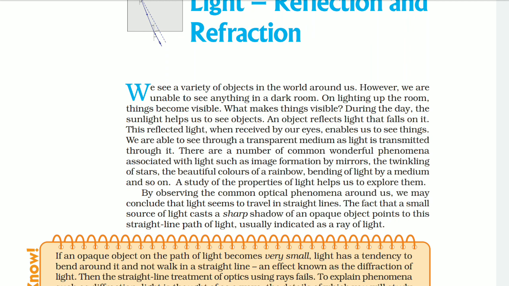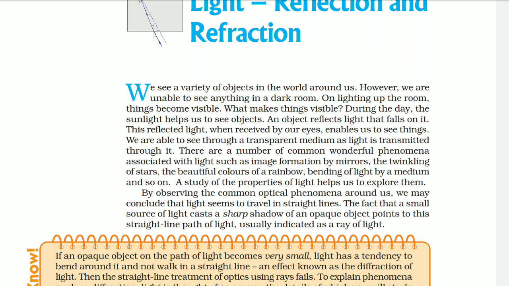By observing common optical phenomena around us, we may conclude that light seems to travel in a straight line. The fact that a small source of light casts a sharp shadow of an opaque object points to this straight line path of light, usually indicated as a ray of light.